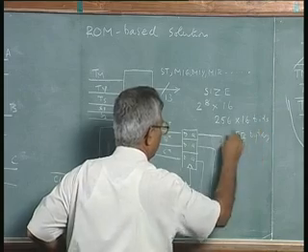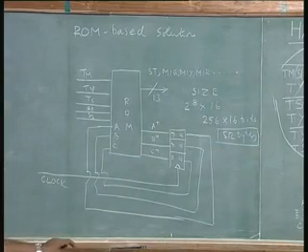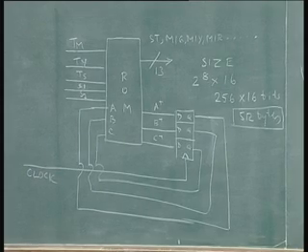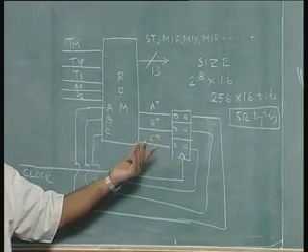If we have a 512 byte ROM, or byte organized ROM, 512 words, I can realize this. All we need is, in addition, 3 flip flops. This is a ROM based solution.